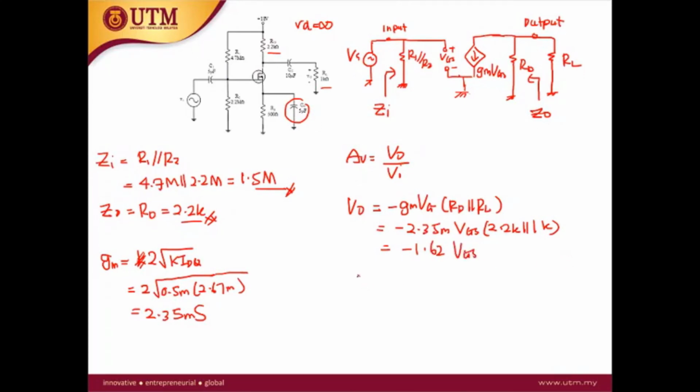This is V out. And then V in is equal to the VGS. So AV is equal to minus 1.62 VGS over VGS, so this is minus 1.62. This is the answer for the voltage gain.